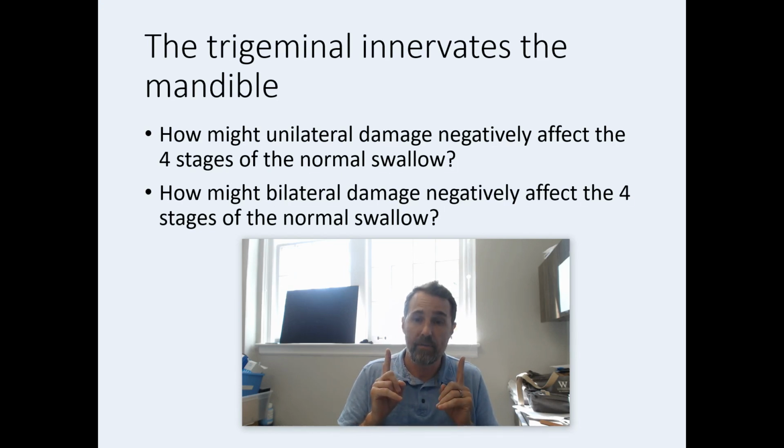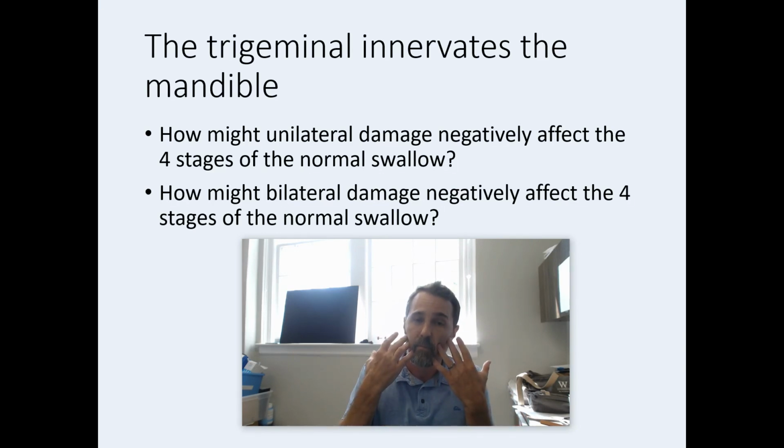Bilateral damage to the trigeminal, creating bilateral flaccidity of the muscles of mastication, is going to be much more severe than unilateral. With unilateral damage to the trigeminal, I could still chew on my strong side. I can still chew, I can still eat, no big deal.